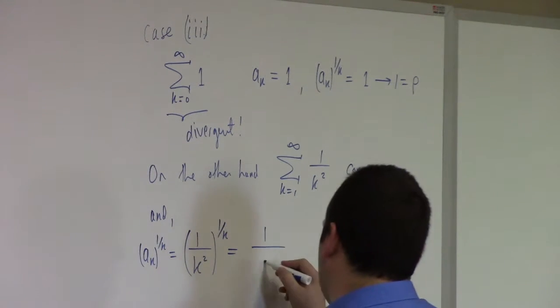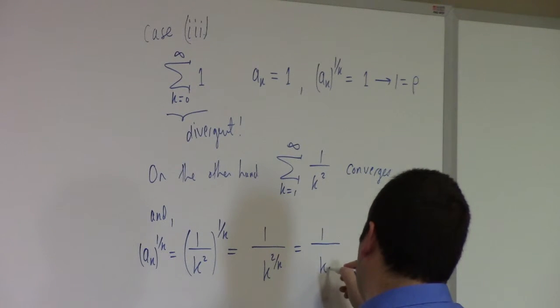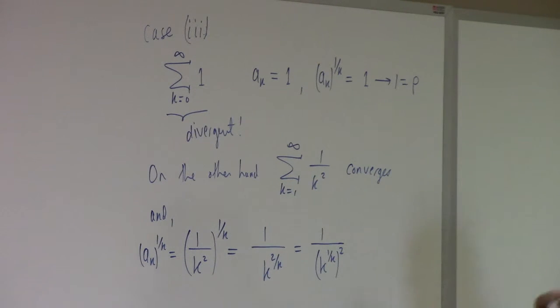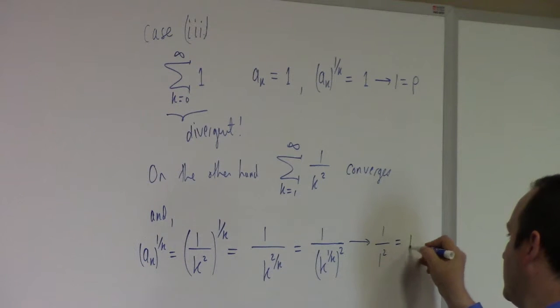Well, that's 1 over k to the 2 over k, which you could rewrite as 1 over k to the 1 over k quantity squared. The reason I do that is because we have already shown back in section 11.4 that k to the 1 over k power goes to 1 as k goes to infinity. K to the 1 over k looks like infinity to the 0, but we showed that it does in fact converge to 1. So by section 11.4, this converges to 1 over 1 squared, also known as 1.